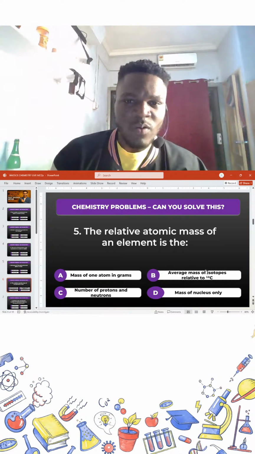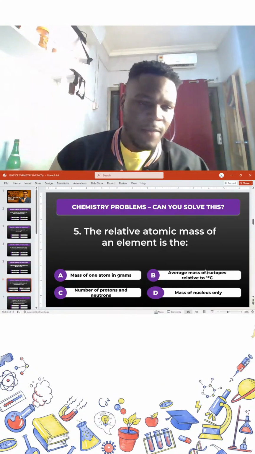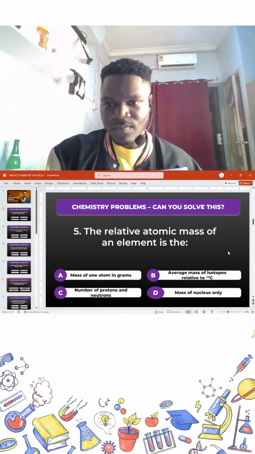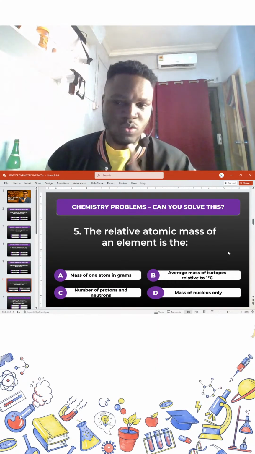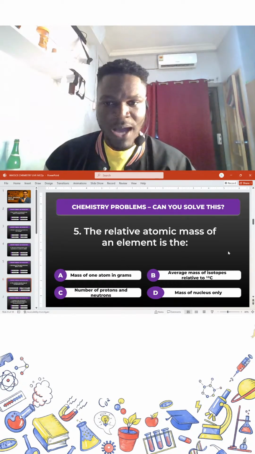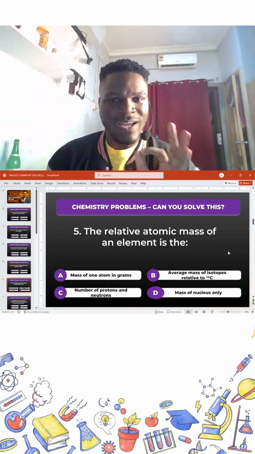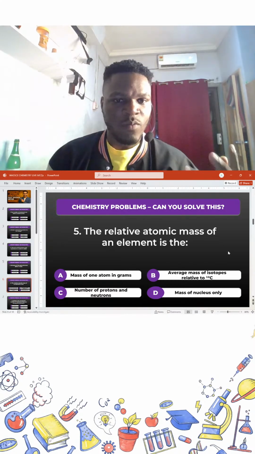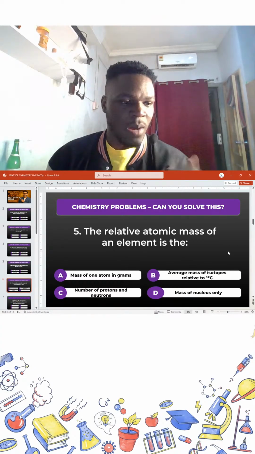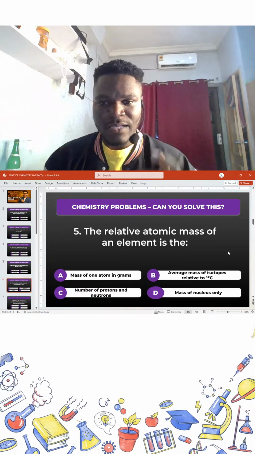The relative atomic mass of an element is: A, mass of one atom in grams, B, the average mass of isotopes relative to carbon-12, C, number of protons and neutrons, and D, mass of nucleus only.